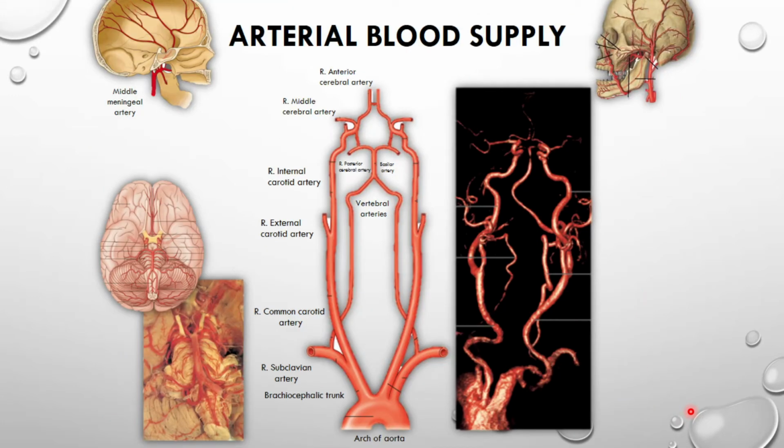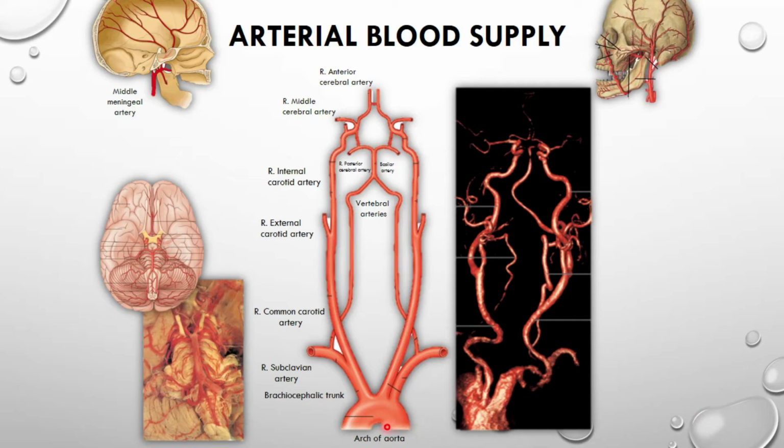And now thinking about the blood supply to the head and neck. We'll talk about the blood supply to the brain when we look at neuroanatomy, but the blood supply to the brain and the blood supply to the head and neck arise from the same place, so it's hard to completely separate them out.